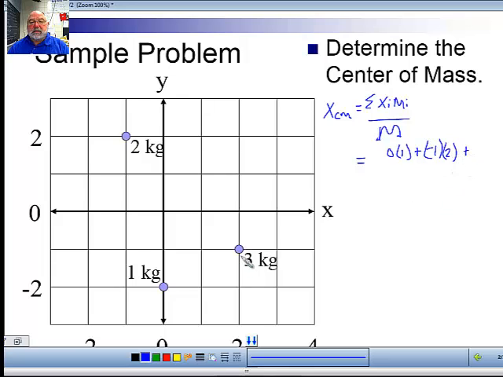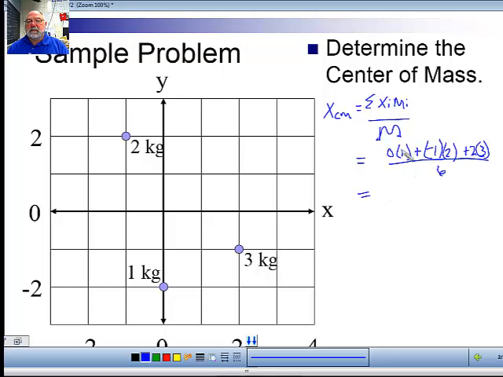Now we're going to add on the third particle. Well, the x-coordinate of the third particle is 2, and the mass of that particle is 3, divided by the total mass. 1 plus 2 plus 3 is 6.